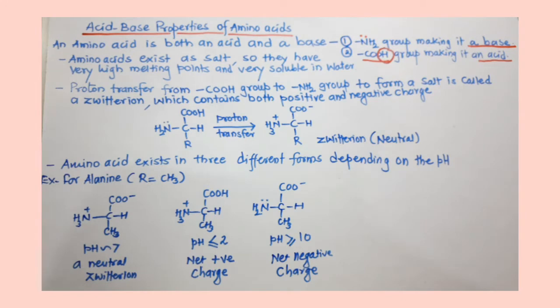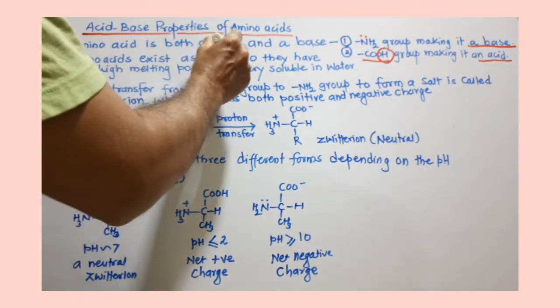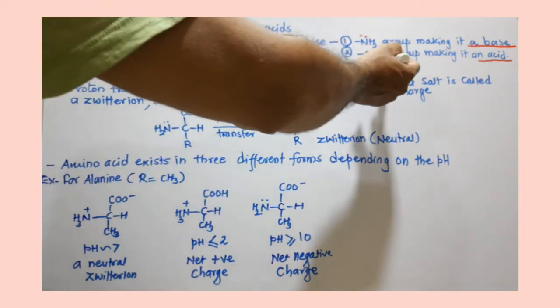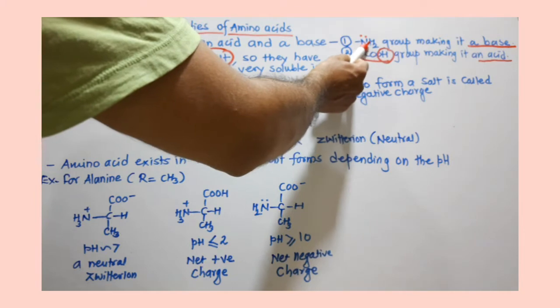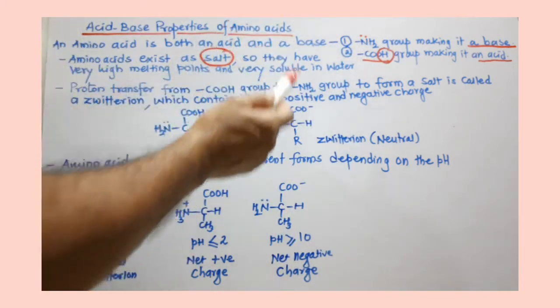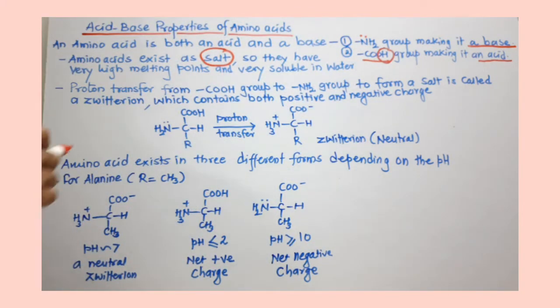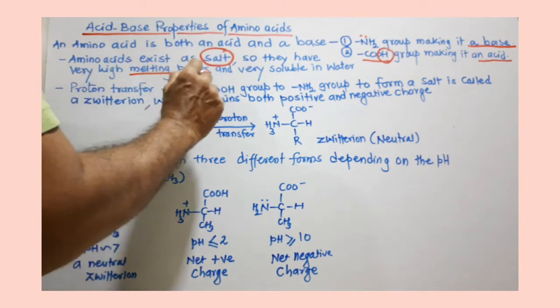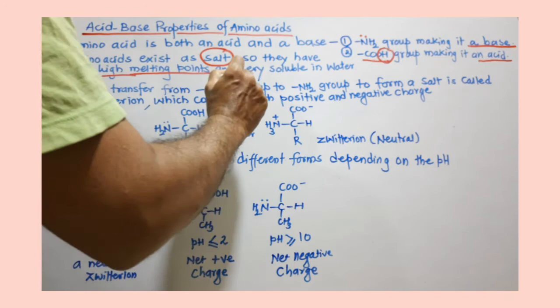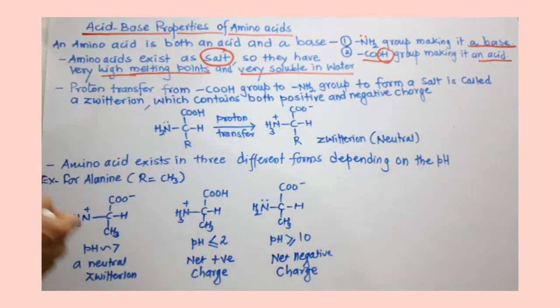But actually, amino acids exist as a salt because there is intramolecular transfer of a proton from the COOH group to the NH2 group, and they are converted into a salt. Because of this salt, they always have a high melting point, and they are highly soluble in water.